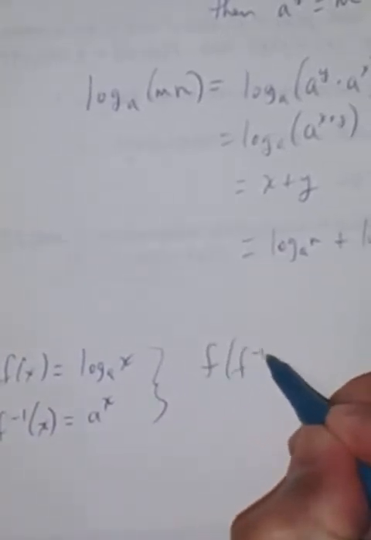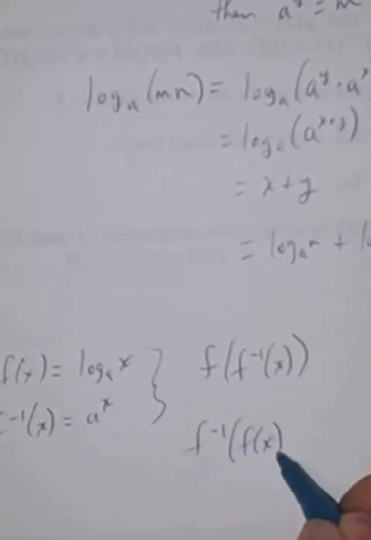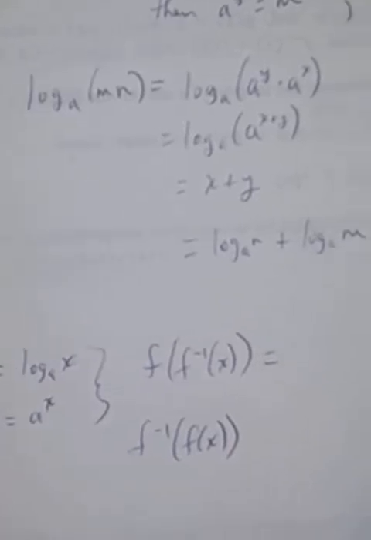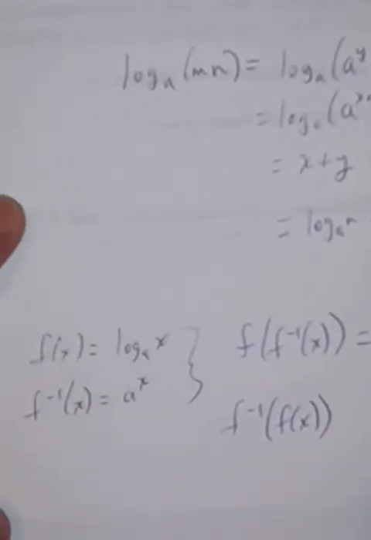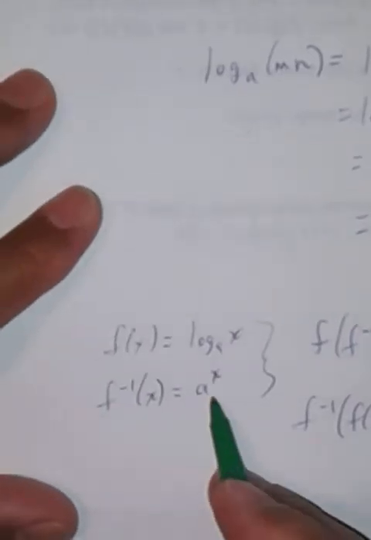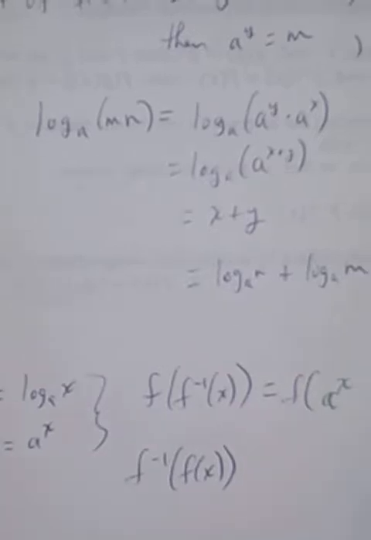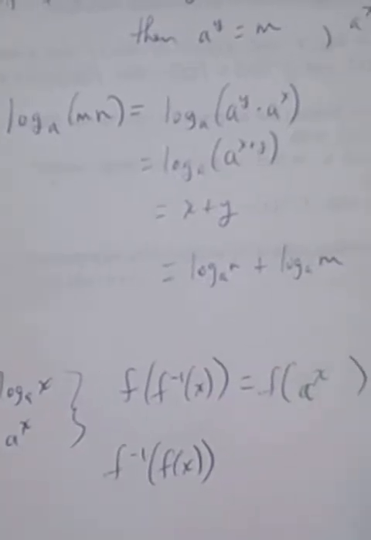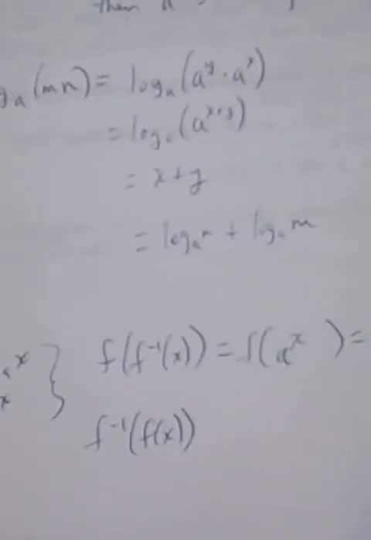So I'm going to do f of f inverse of x and f inverse of f of x. Okay? So if I apply f of f inverse of x, this would be f of, and the f inverse of x is a to the x. Right? And f of a to the x would be log base a of a to the x.